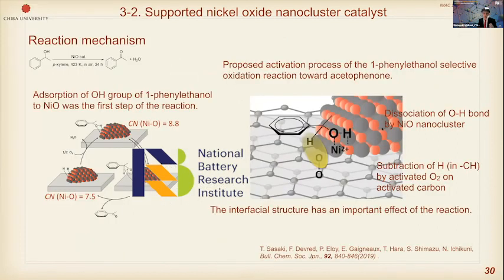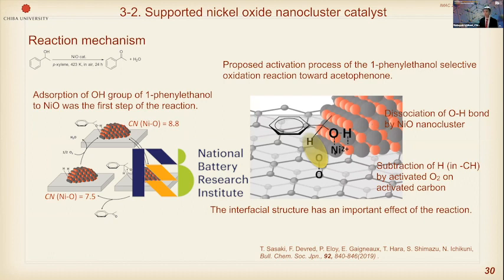And the reaction mechanism was checked by using additional XAS analysis. By adding 1-phenyl ethanol to the catalyst and measuring the EXAFS, we analyzed the coordination number of the nickel oxygen, and revealed that without 1-phenyl ethanol, the nickel oxygen coordination is about 7. However, with the addition of 1-phenyl ethanol, the coordination number of the nickel oxygen is increased by about 1.